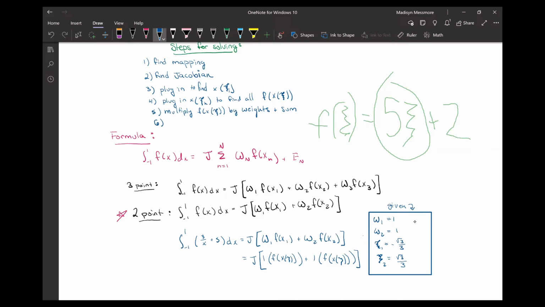Actually, the closer I'm looking, the more interesting it is. For 3, your xi1 is 0, xi2 is negative 0.77, xi3 is 0.77. For 4, 1 and 2 are plus or minus the same values but negative, and then 3 and 4 are the same but negative and positive.